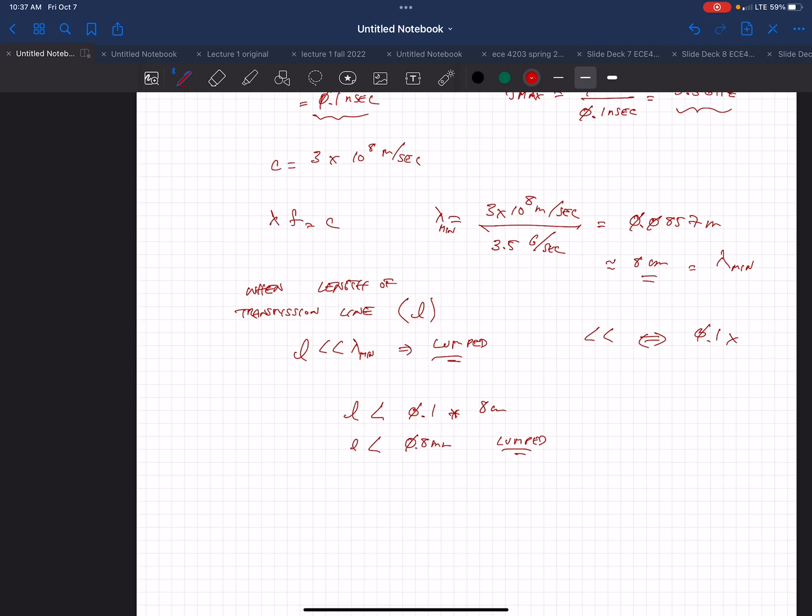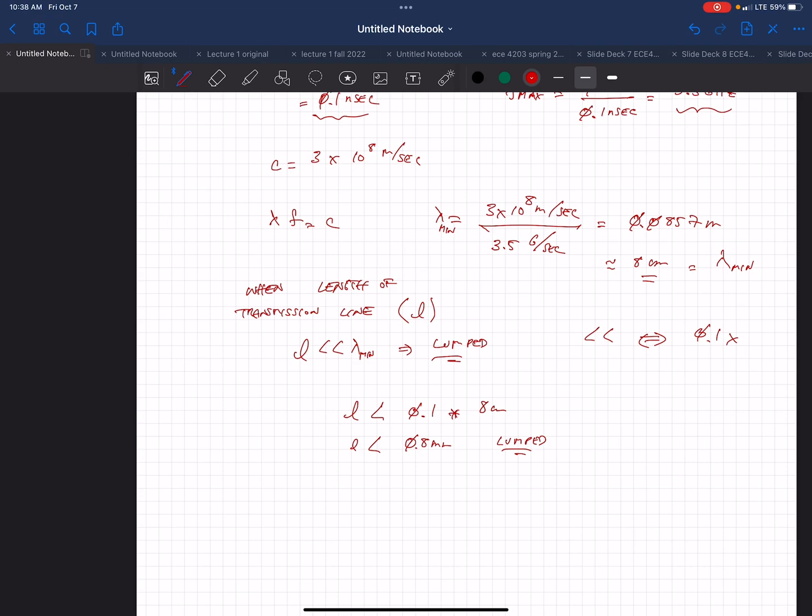So when you're driving 1 or 10 megahertz signals, you can use pretty much a lumped model. You don't have to worry about transmission lines till you get into 2, 3, 4, 5 meters.